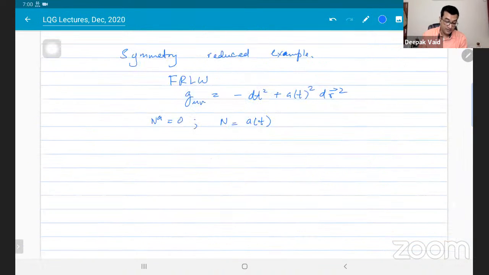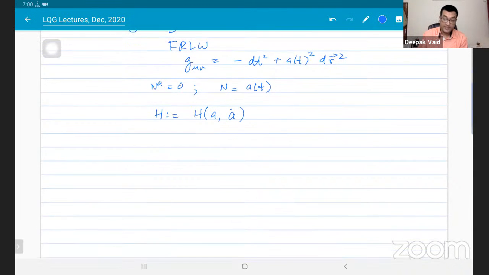And then your Hamiltonian will become a function of a and a dot, basically. Those would be the two variables. And then you quantize.